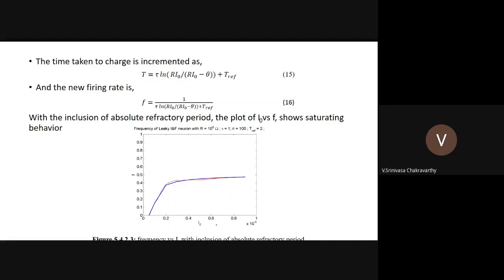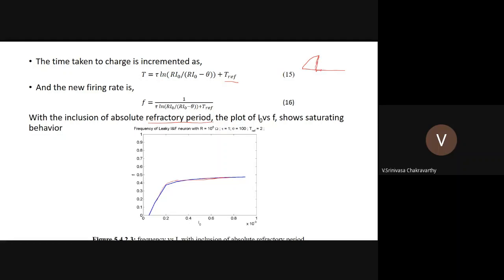But to get a saturating effect, where the frequency is a saturating function of the input current, what people have done is they introduce something called a refractory period, or T ref. What that means is once a neuron spikes, it cannot get charged up until after some time. Real neurons show this kind of behavior.